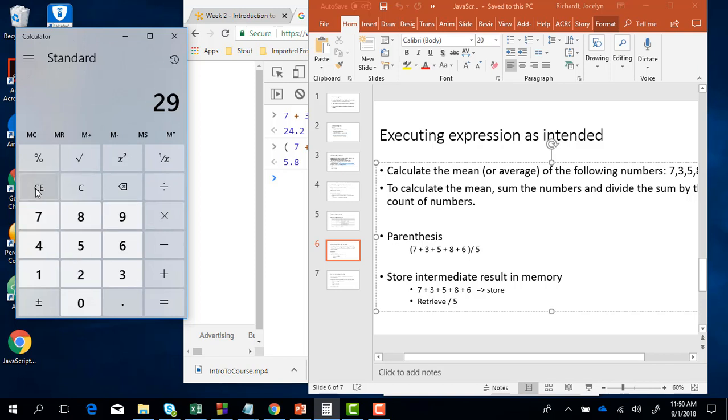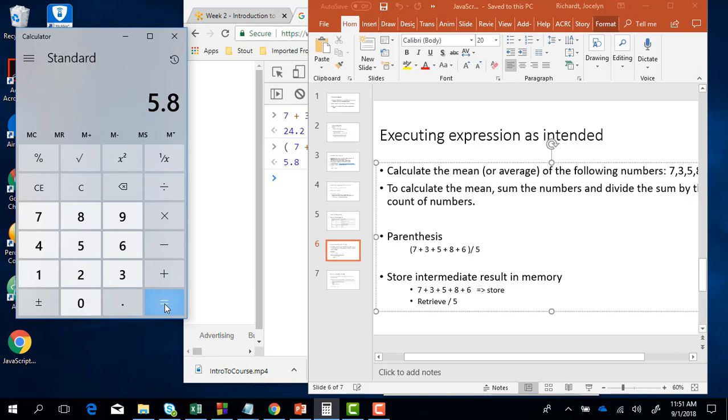Then we can clear out, do whatever we need to do, and then we can say, recall that number I stored, and now that's the number I want to use to divide by 5, and that gives us our 5.8.